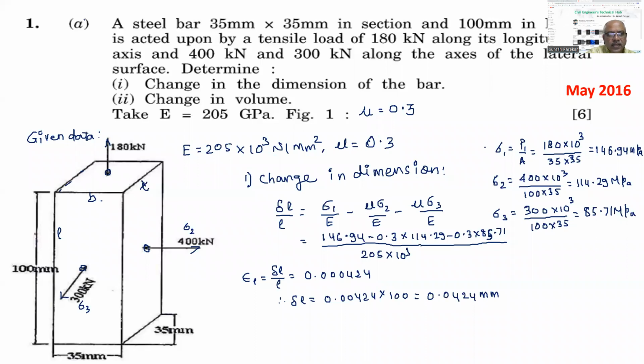Then we have to go for the other two. Then we have delta B by B. Now, which did we consider as B? We have considered this as B, so we have to consider the stress sigma 2, which is 114.29.